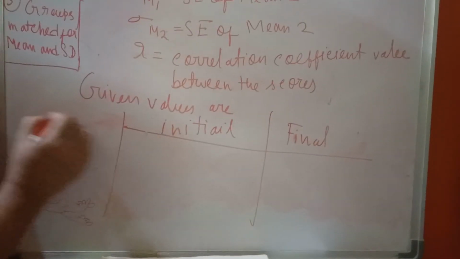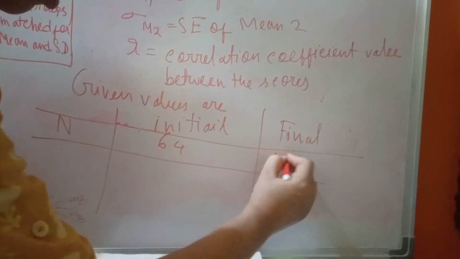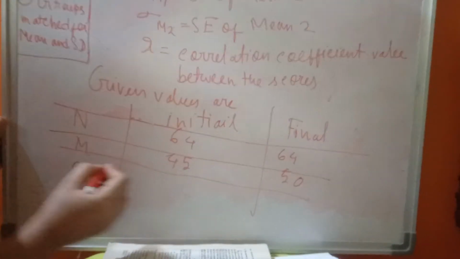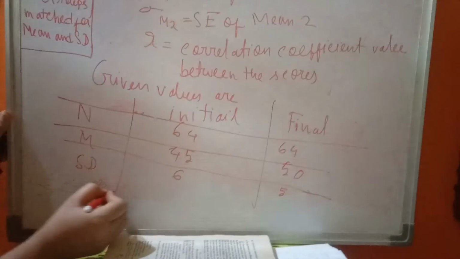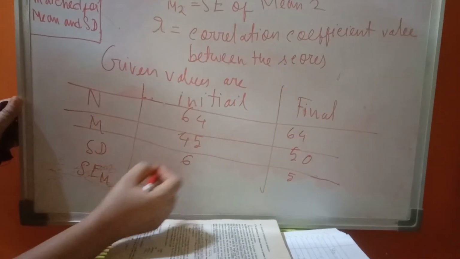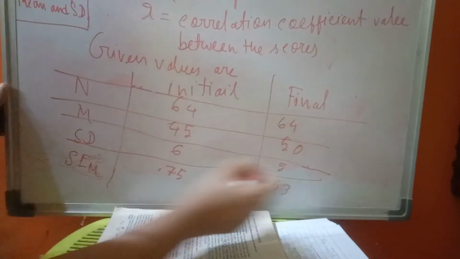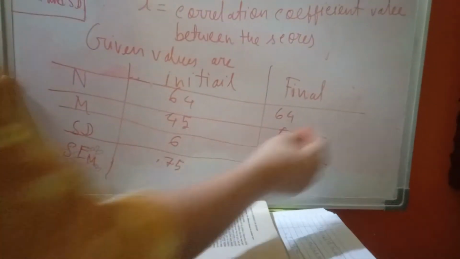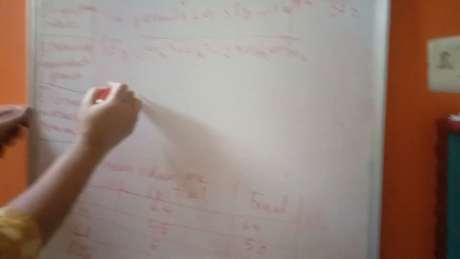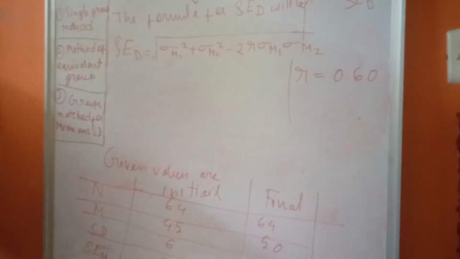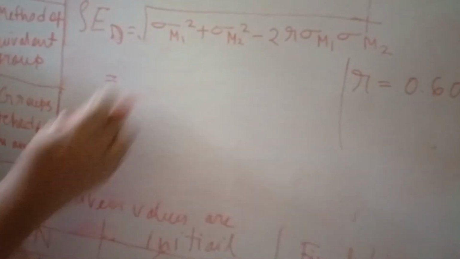We have n, which is 64, same group, mean 45 and 50, SD that is 6 and 5, and the standard error of mean is also given here, that is 0.75 and 0.63, and the r value is 0.60. So when we have these given values, we can put them in the formula directly, because the standard error of mean values are also given to us in the question.